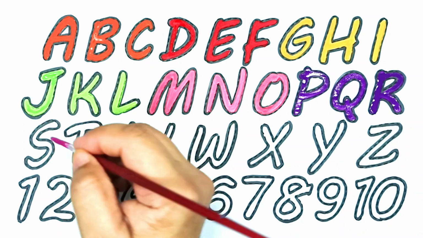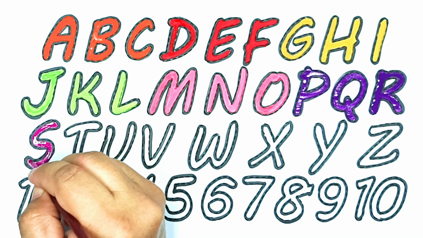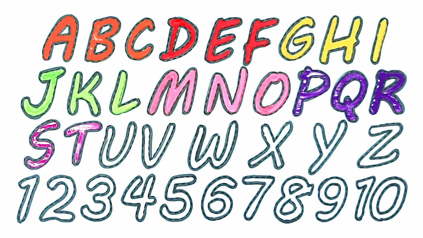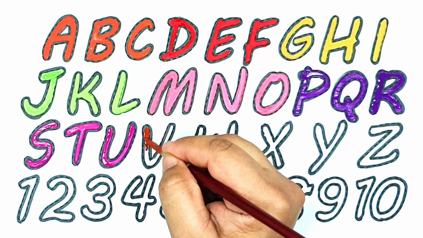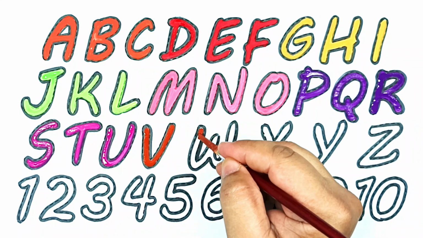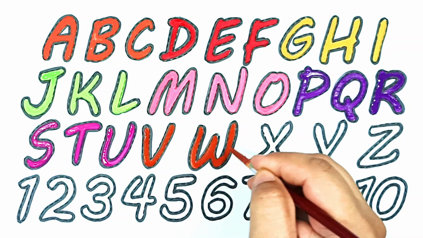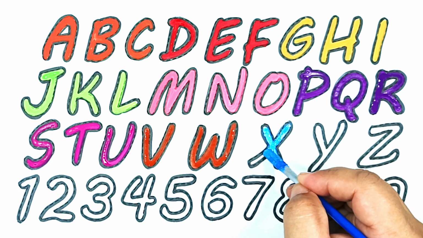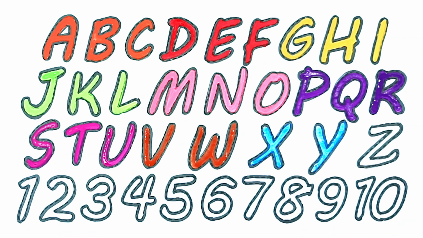R for ring. S for star. T for train. U for umbrella. V for van. W for watch. X for xylophone. Y for yacht.